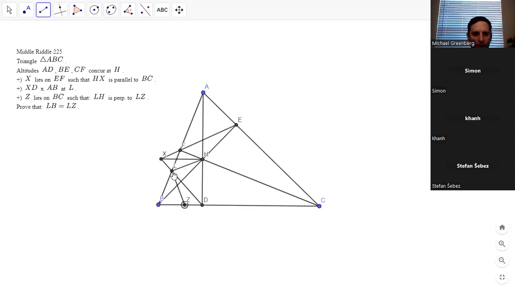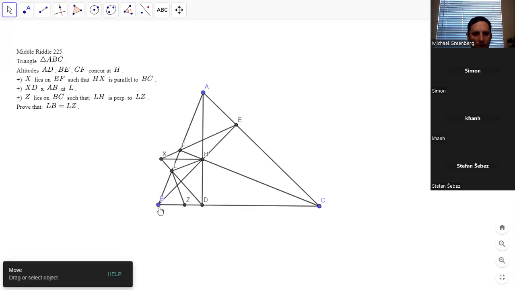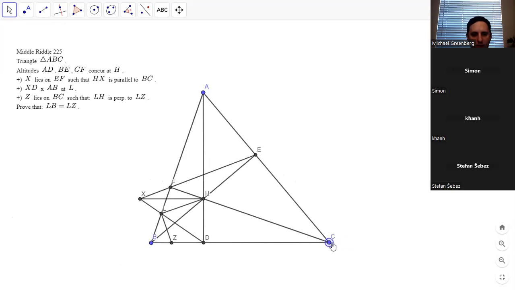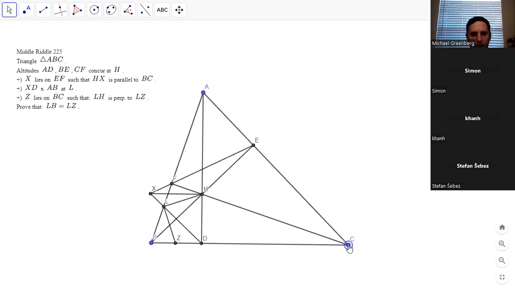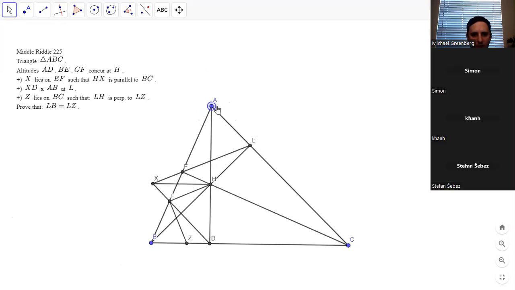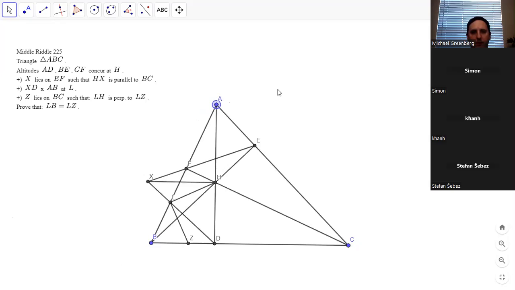And then this is like a right angle right there. Let's see. Looks pretty good.